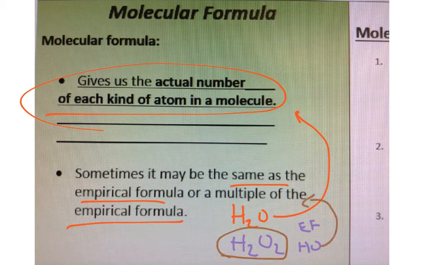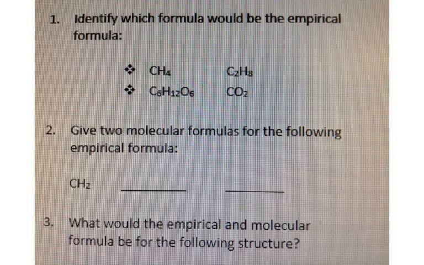And therefore its molecular formula would be a multiple of 2 of its empirical formula, because all you would have to do is multiply the subscripts by 2 for HO to get your H2O2. All right, so identify which formula would be the empirical formula. So if CH4, now this would be C1H4, and this would be C2H8.